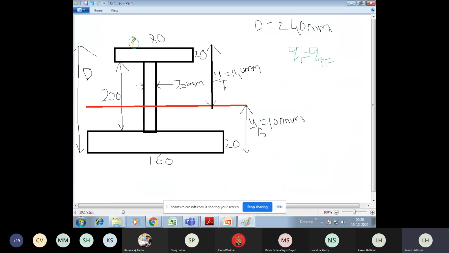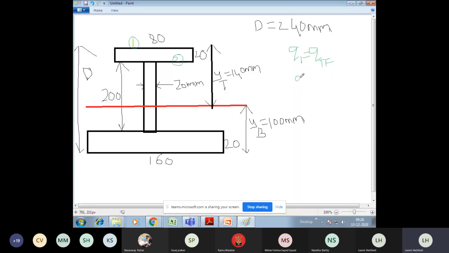Next point is this point. Second one. What is this point? It is the bottom fiber of the top flange. Am I correct? Yes or no? Right. So here you should calculate the shear stress, that is the bottom fiber of the top flange.